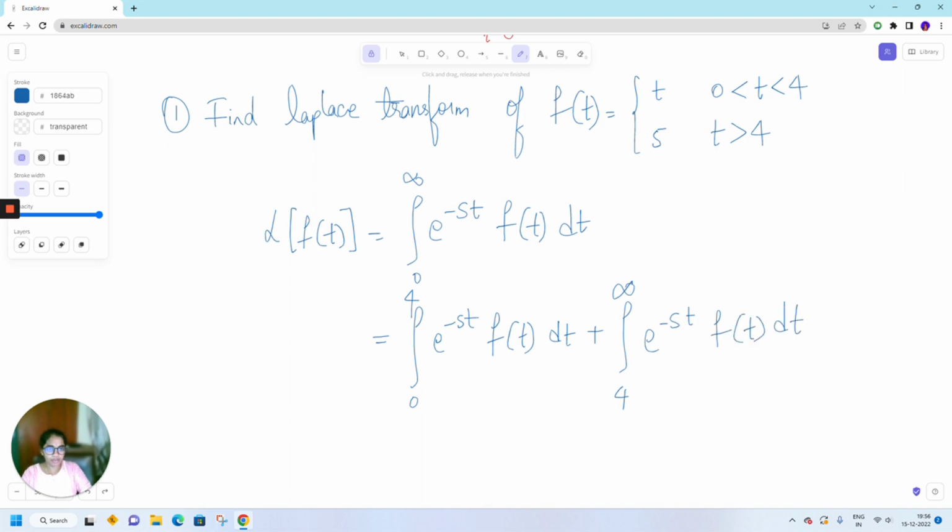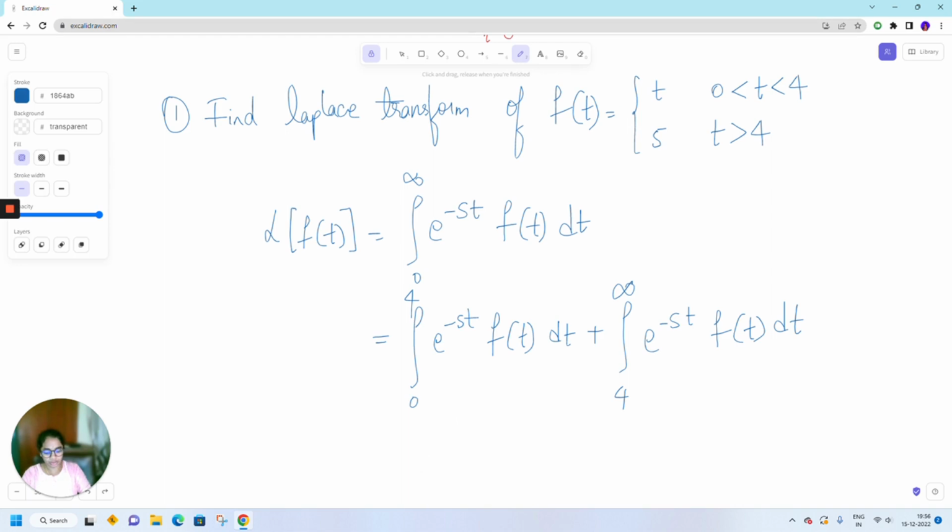Now observe the question. For the interval 0 to 4, what is the value of f of t? The value of f of t is t. Agree?